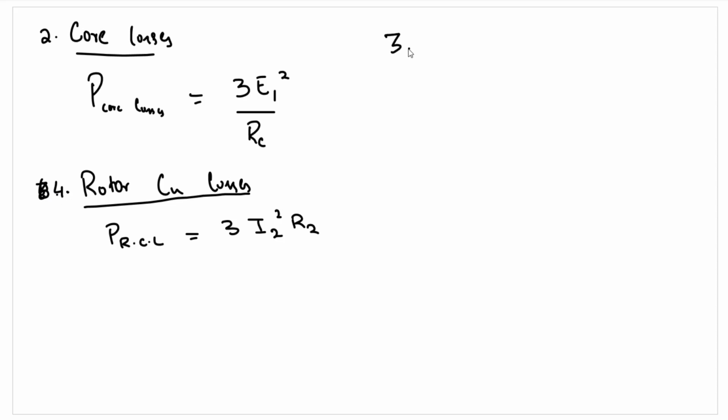Before the rotor copper losses, we need to calculate the air gap power PAG. PAG is simply P in minus P SCL minus P core. In the last session, we discussed that the air gap power is the actual power available between the air gap of the stator and the rotor that actually gets fed to the rotor windings.